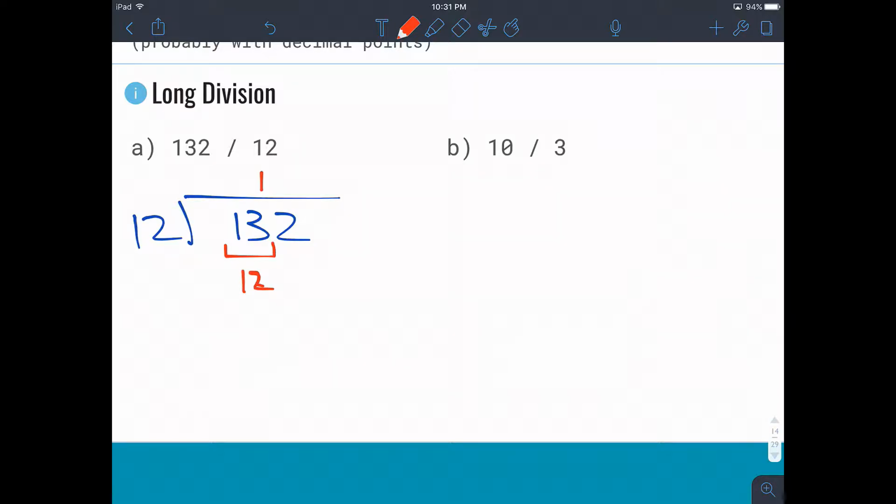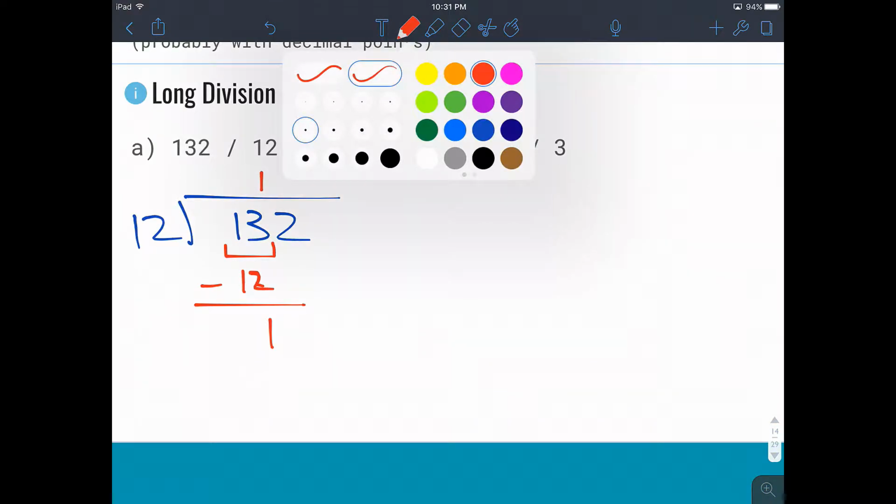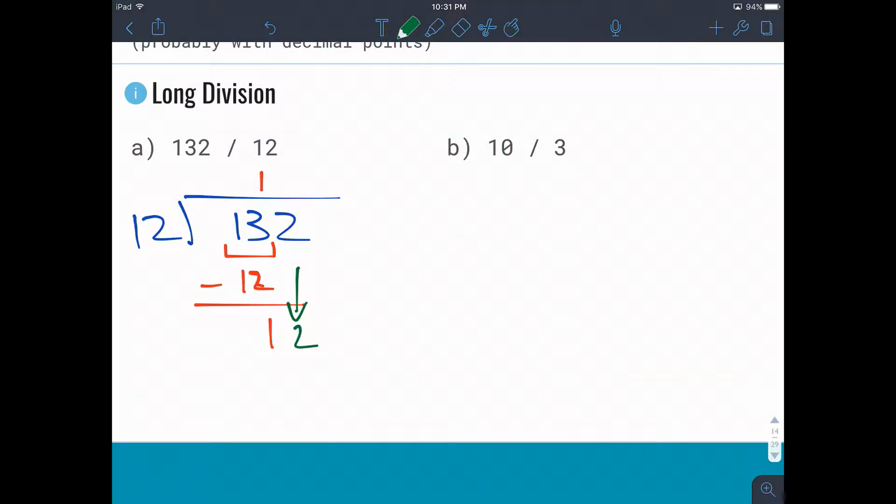Then we do a subtraction: 13 minus 12 gives us 1. We drag the 2 down. 1 times 12 is 12. Then we can subtract them and get 0. Therefore, this is equal to 11.